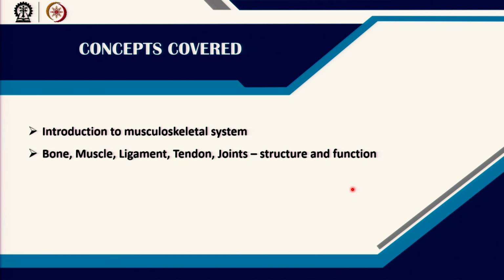Now, before we discuss biomechanics, it is important to know the biological system with regard to the relationship between the structure and the function. A detailed knowledge of the structure and function is essential for better understanding of the mechanics involved in the system.